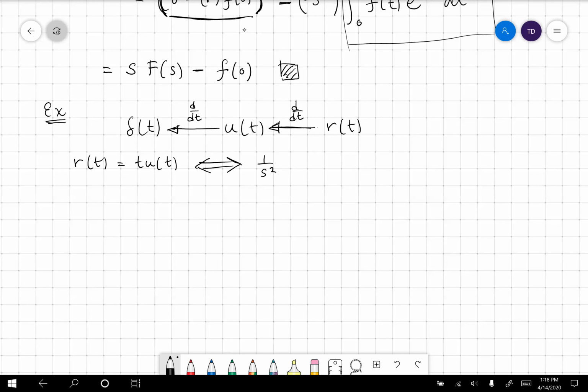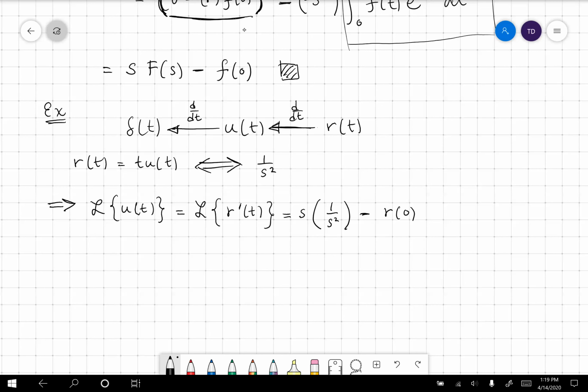So from this, therefore, the Laplace transform of u of t, which is equal to the Laplace transform of r prime of t, should be equal to s times 1 over s squared minus r at 0.